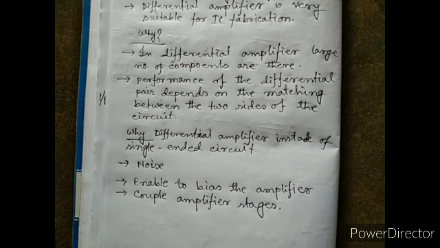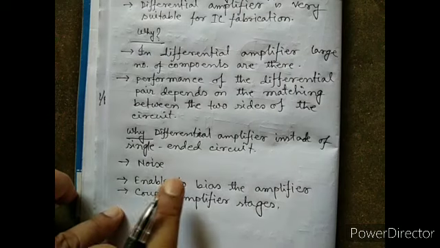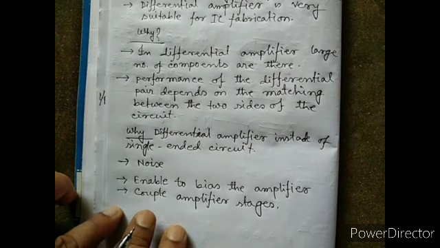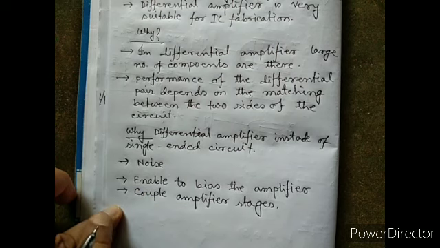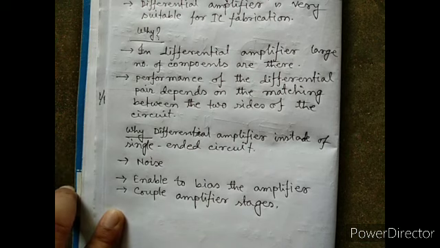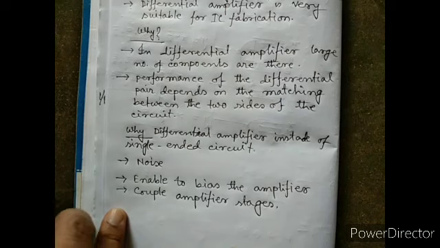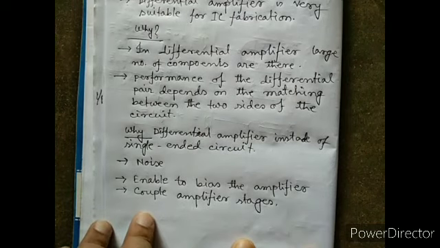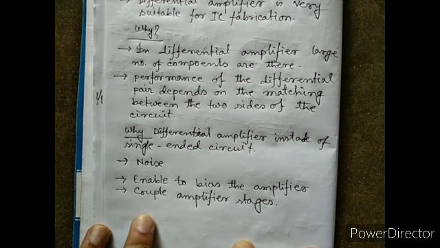So the performance is very good for the differential amplifier, with less noise effect. Another advantage is that the differential amplifier enables biasing of the amplifier circuit, and it helps to couple amplifier stages.